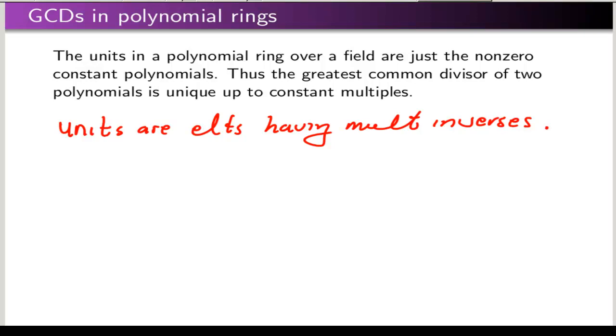And the only polynomials that have multiplicative inverses are non-zero constant polynomials. As soon as you have an x, you get a rational function, which is no longer a polynomial if you want to take its multiplicative inverse. And we had observed that greatest common divisors are only unique up to unit multiples. So for polynomials, greatest common divisors are unique up to constant multiples.